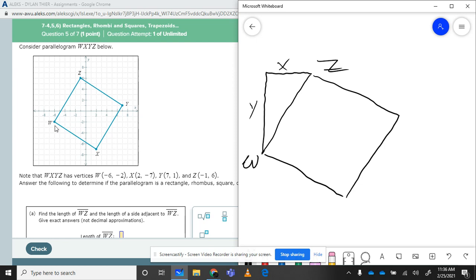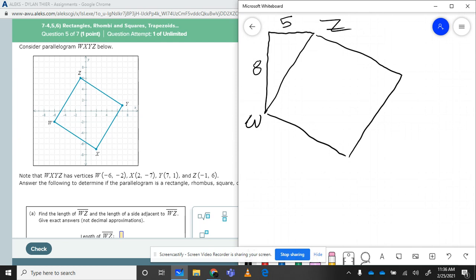The x distance is from -6 to -1, so those are just 5 apart. And in the y direction, we're going from -2 to +6, so those are a total of 8 apart, because one of them's negative, one of them's positive. Negative 2 to positive 6 would be 8 apart.